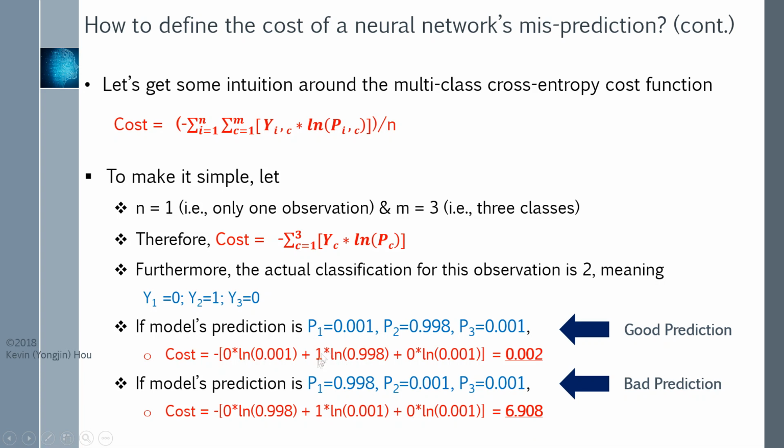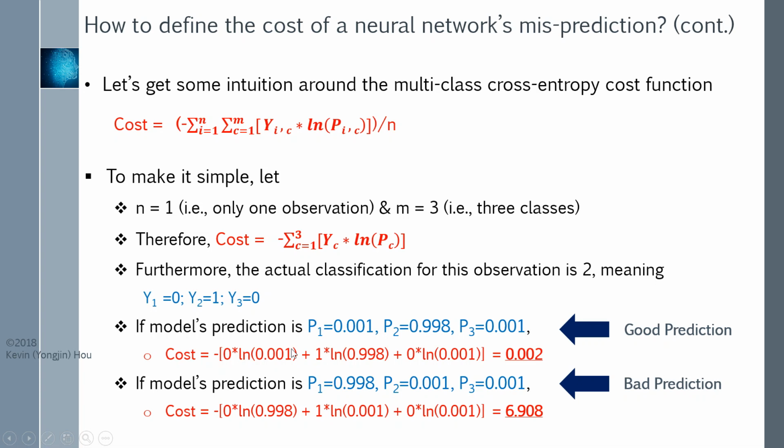You may also get the idea again, right? Even though we have a summation across different classes, in the end what matters is really the item where the actual value for the observation is.